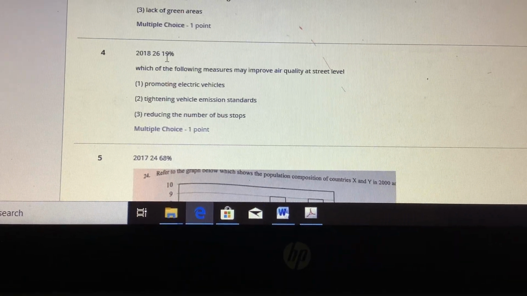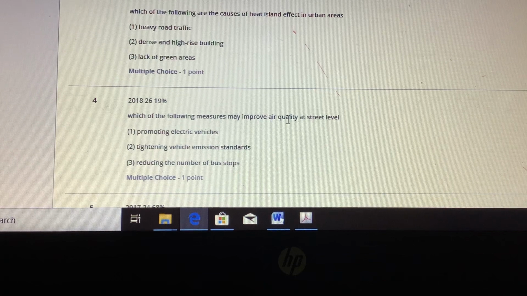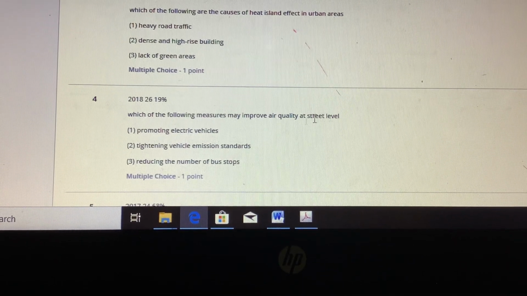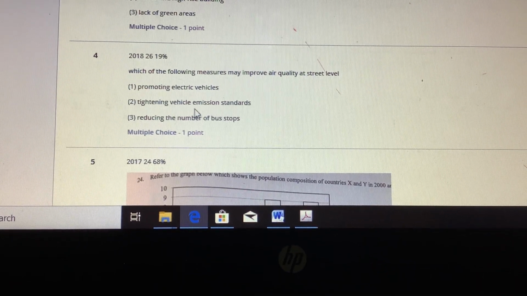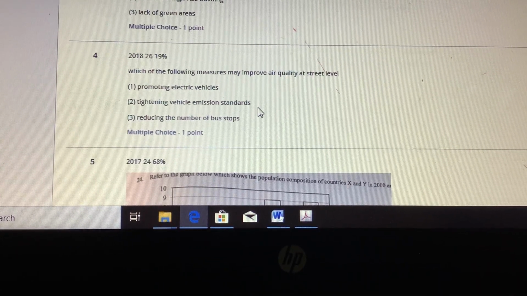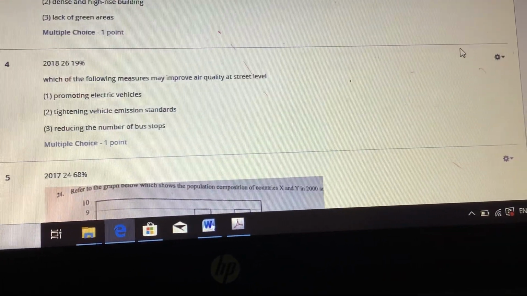Okay, next one. Which of the following measures can improve the air quality at street level? Electric vehicles, yes. Tightening vehicle emission standards, also yes. How about reducing the number of bus stops? Also yes.